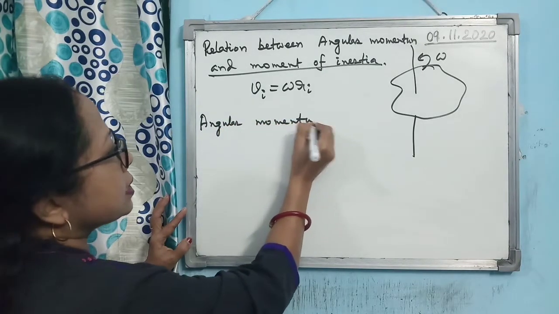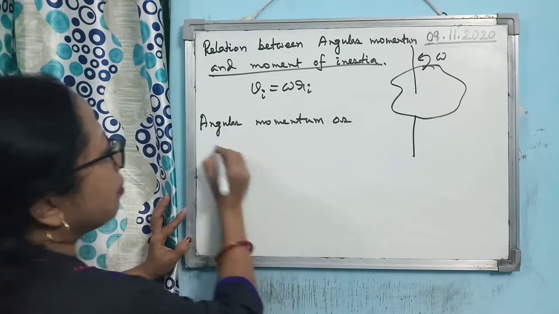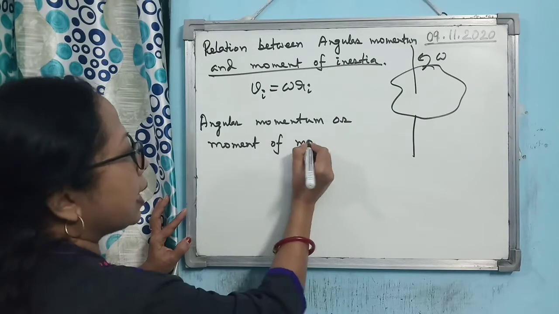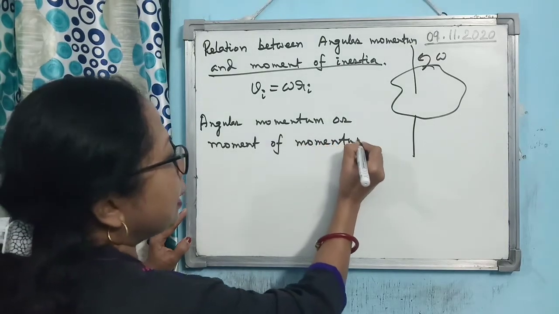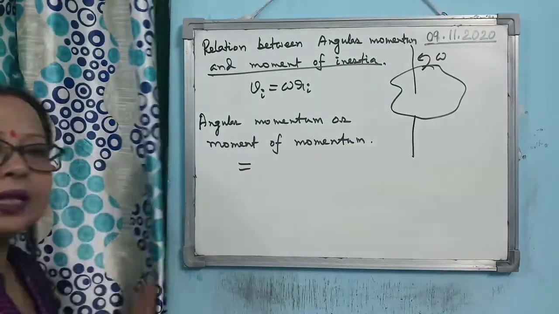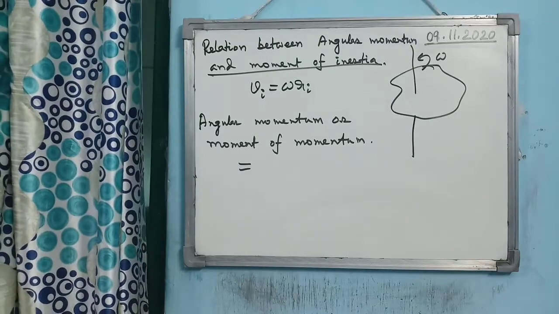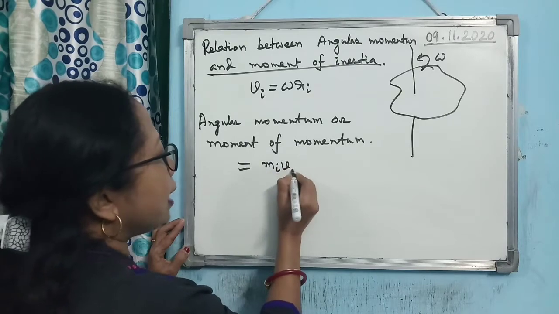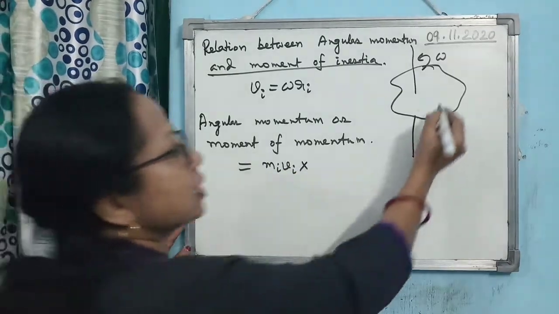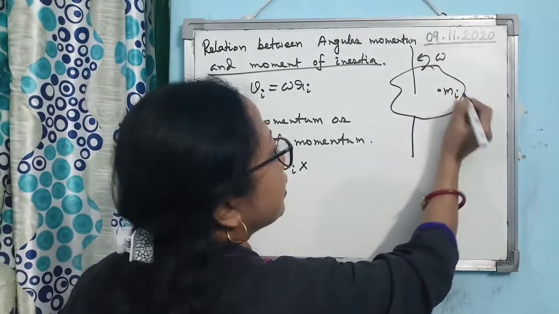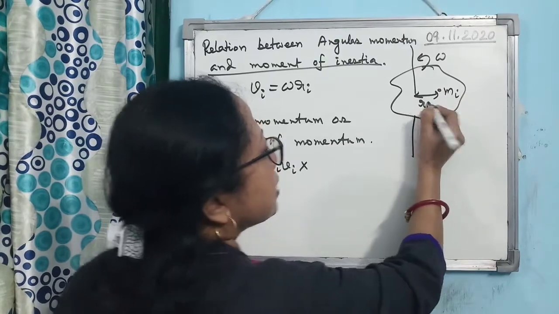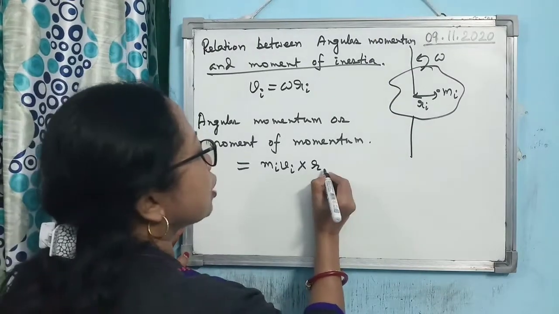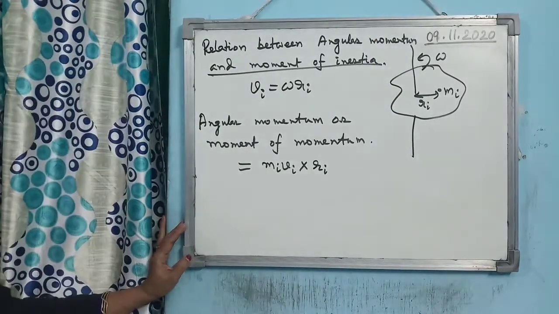Angular momentum is nothing but moment of momentum. What is the other name of angular momentum? Moment of momentum. So what will be the moment of momentum? It will be the linear momentum, that is m_i v_i, multiplied by the distance of the particle from the axis of rotation. Suppose I have taken the ith particle at a distance r_i from the axis of rotation.